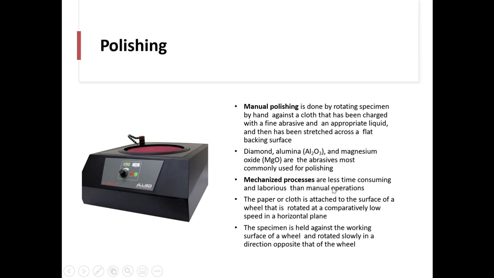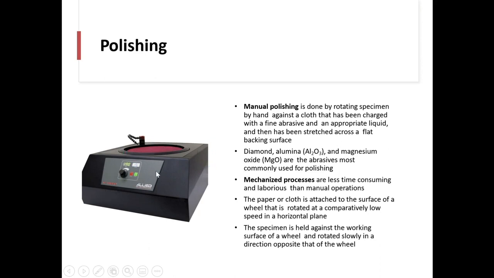In the mechanized process, less time is consumed during the polishing. In here, a disc is located over the motor and is rotated at a low speed in a horizontal plane. Then the specimen is held against the working surface of the wheel and is rotated slowly in the direction opposite to that of the wheel.